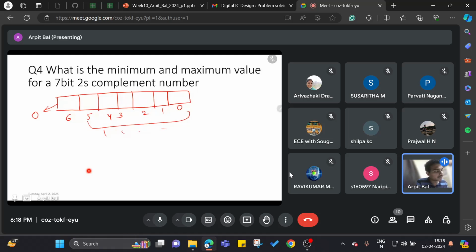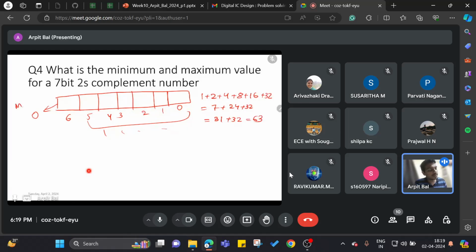So if I put everything as 1, then I have 1 plus 2 plus 4 plus 8 plus 16 plus 32, right? That evaluates to 6 plus 1 is 7, plus 24, plus 32, that is 31 plus 32 equals 63.